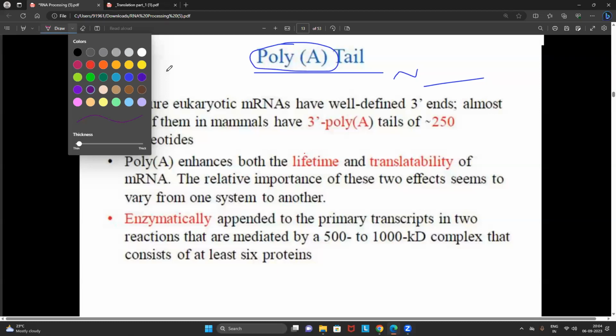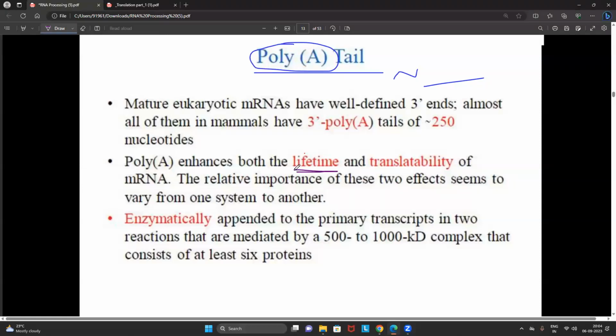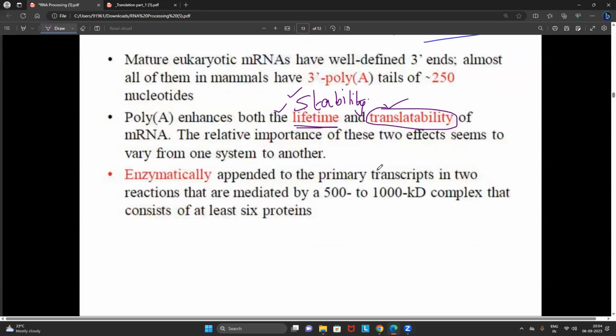The ultimate goal of the polyA tail, listen to me very carefully, is to enhance the lifetime, which is required for translation and for stability. So remember, the 3' polyA tail increases the lifespan and stability of the mRNA, and most importantly, it is also involved in the process of translation. We will discuss how in the translation.